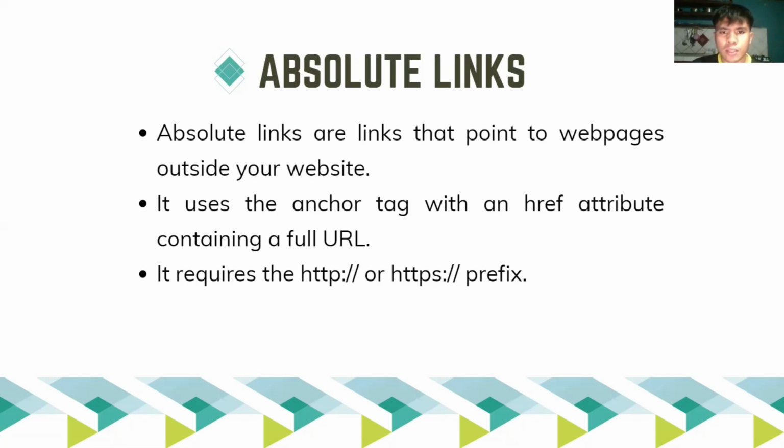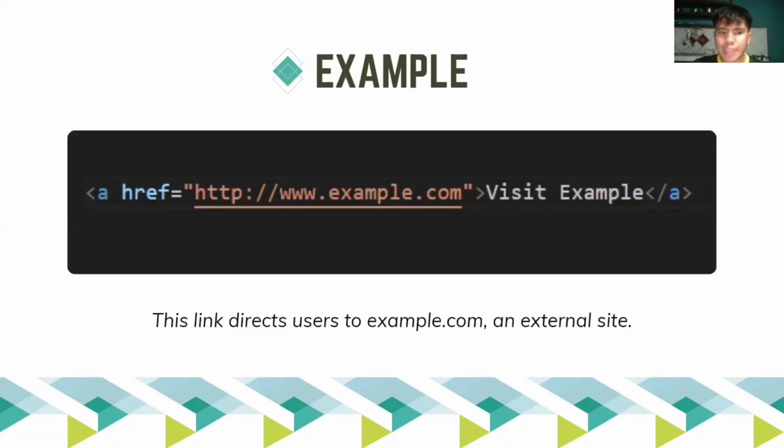So in this case, absolute is different since it links you to an external website. For example, there is a YouTube link that is embedded in the web page. As you click it, you will go external or outside the web page you created. So here is the example.